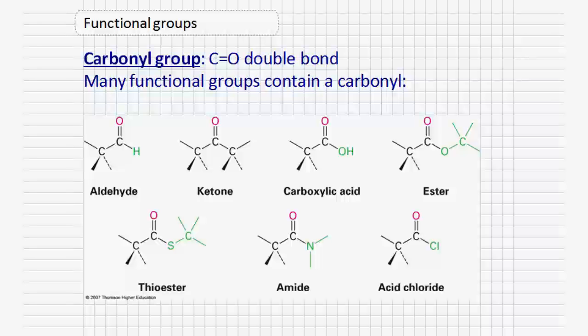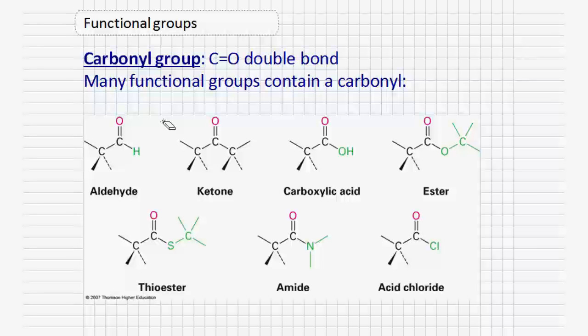So let's talk about another class of functional groups, those that contain a carbonyl. And that's how it's pronounced. C-A-R-B-O-N-Y-L is pronounced carbonyl. A carbonyl group is anything that has a C=O double bond. So the C=O double bond, in fact, we call that a carbonyl very commonly. And there's all kinds of functional groups that contain a carbonyl.